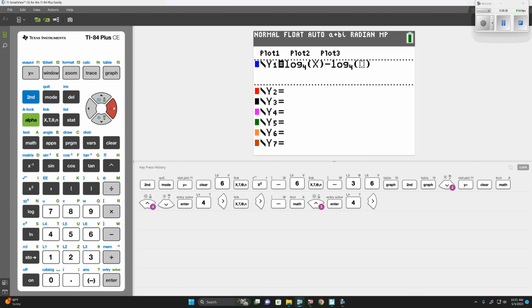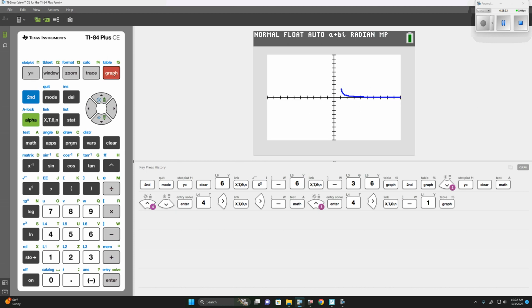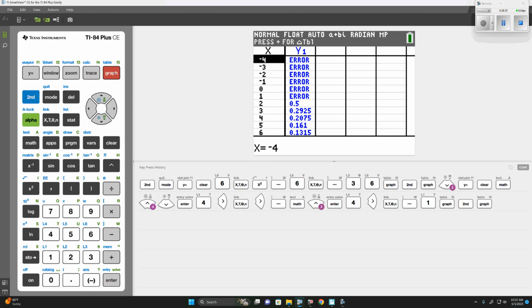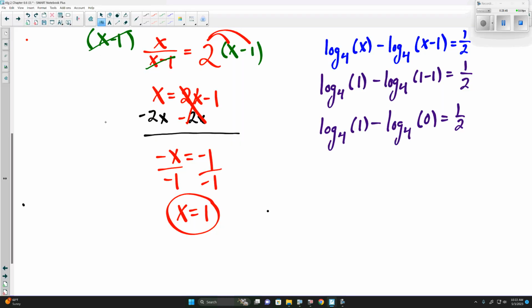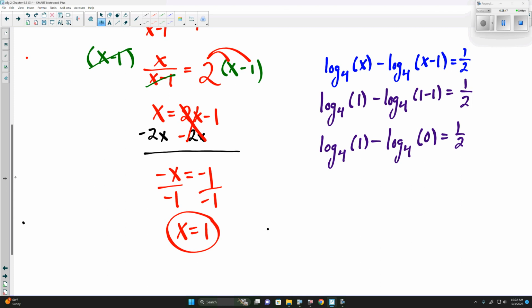X minus 1, yes? Because we don't have a value at 1, we have a value at 2. Oh.